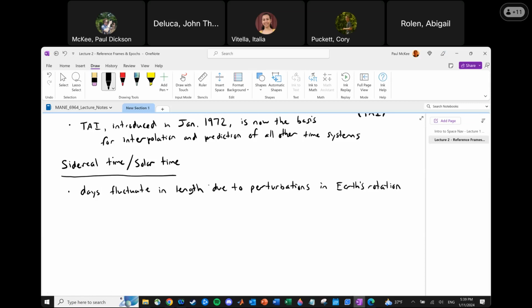So remember that a solar day, per Abby's definition, is apparent local noon, or apparent solar noon, to apparent local noon. And that's 24 hours.